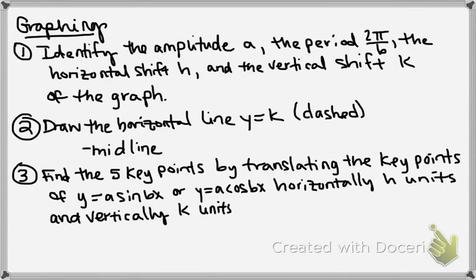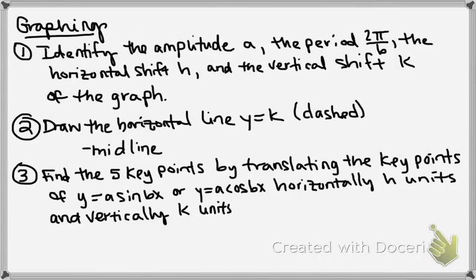The next step is to now find those 5 key points, the 5 key points that we looked at in 10.1. With the sine, it's the one that started at the x-axis or started at your midline, went up to the amplitude, back down to the midline, down to the minimum, and then back up to the midline.